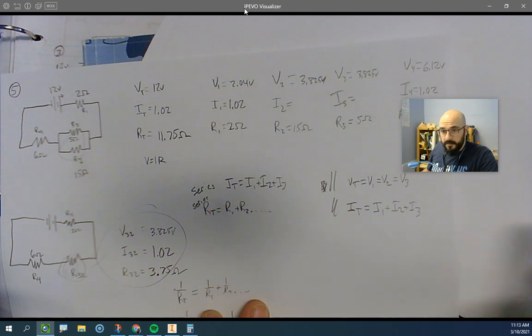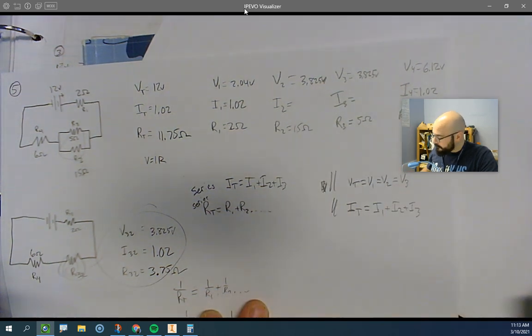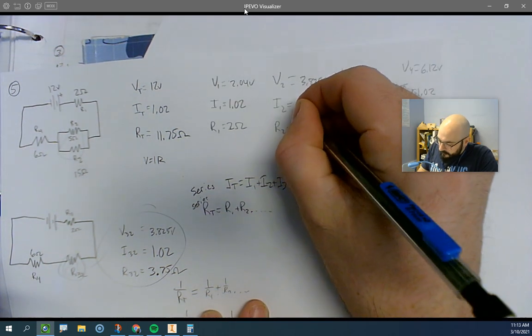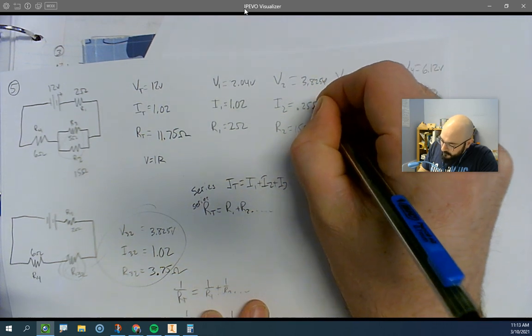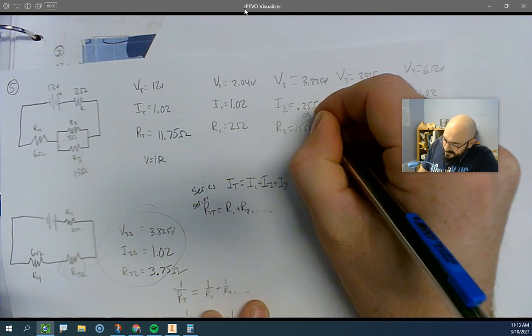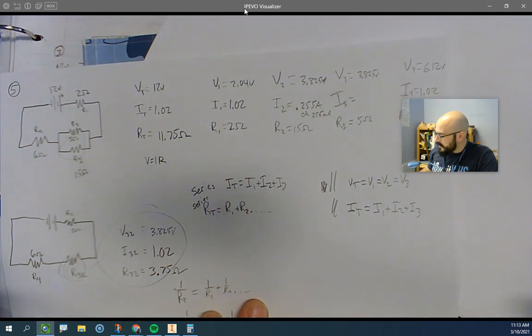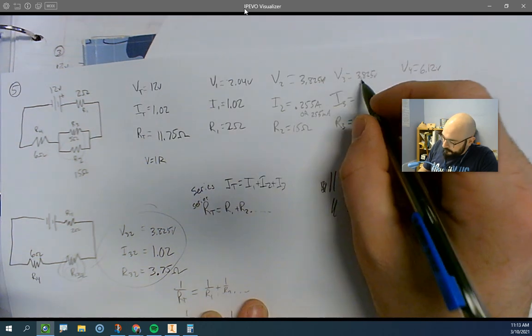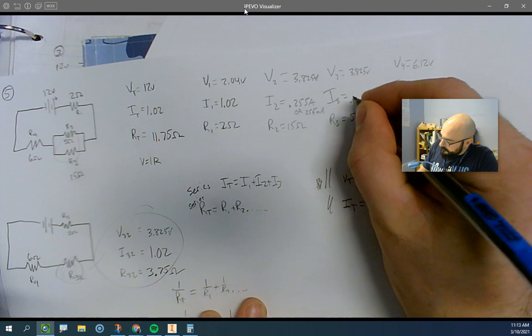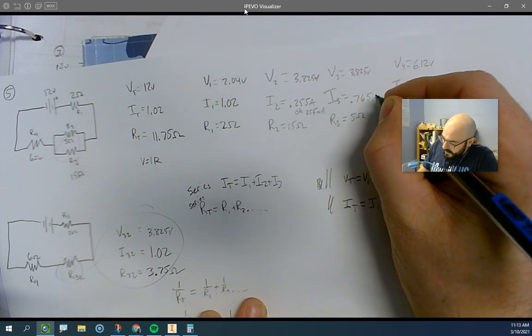3.825 divided by 15 is going to have a current of 0.255 amps or 255 milliamps. It's up to you. And the last one, 3.825 divided by 5, we get 0.765 amps.